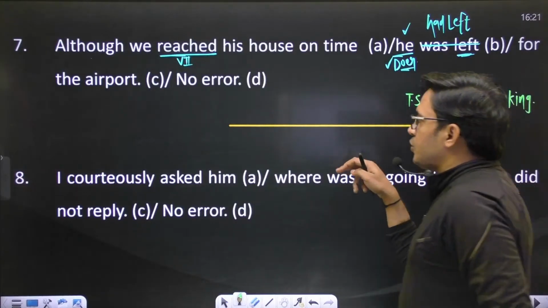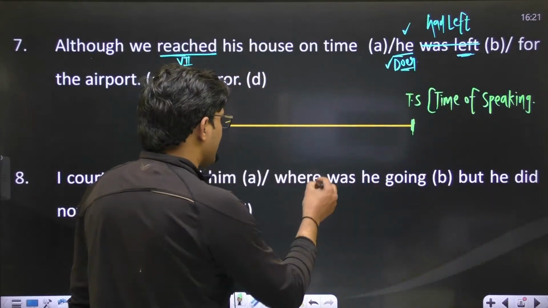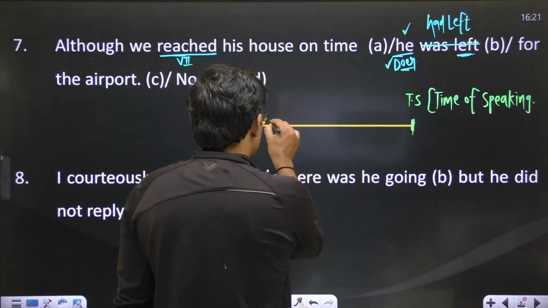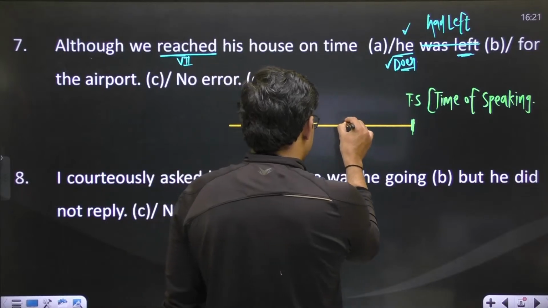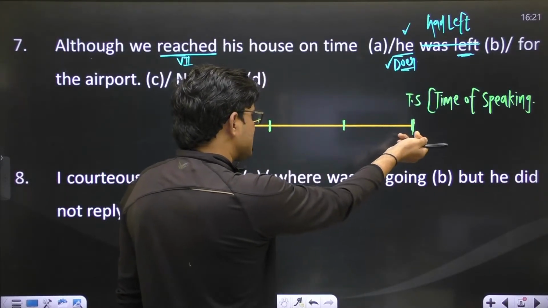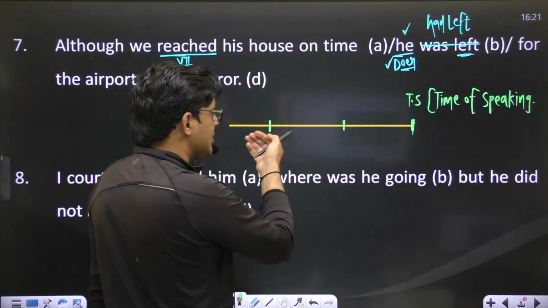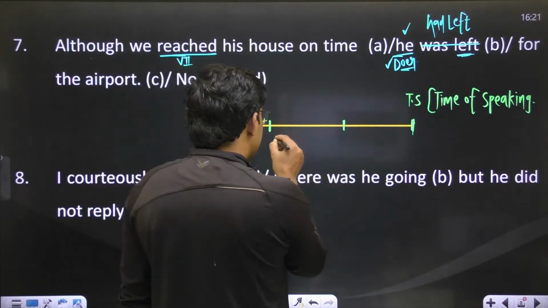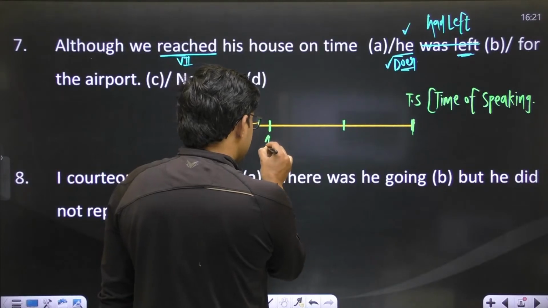So now we are talking about the past. Just suppose two actions happen in past tense. This is the TS, time of speaking. Before this present time, this entire part denotes the past. This is the first action and this is the second action.